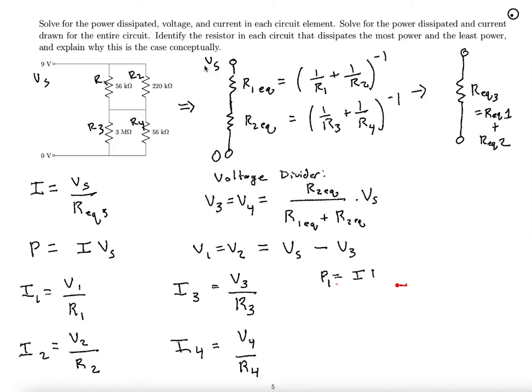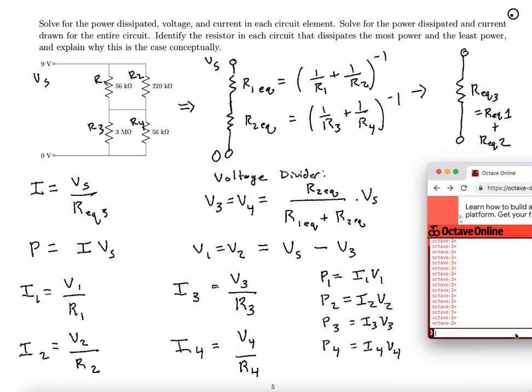So P1 is I1 V1, P2 is I2 V2, P3 is I3 V3, and P4 is equal to I4 V4. And that's everything, but I haven't put any numbers in. Why haven't I put any numbers in? Because I think I can just do it with the calculator at this point.